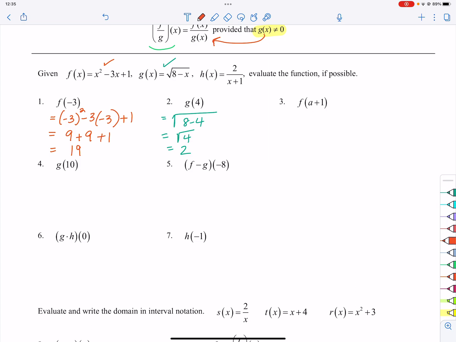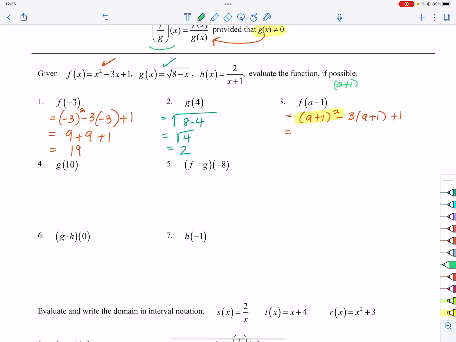We have f of a plus 1, and that's equal to, so we're going to use f again. A plus 1 all squared minus 3 times a plus 1 plus 1. Let's go ahead and first find a plus 1 squared here.